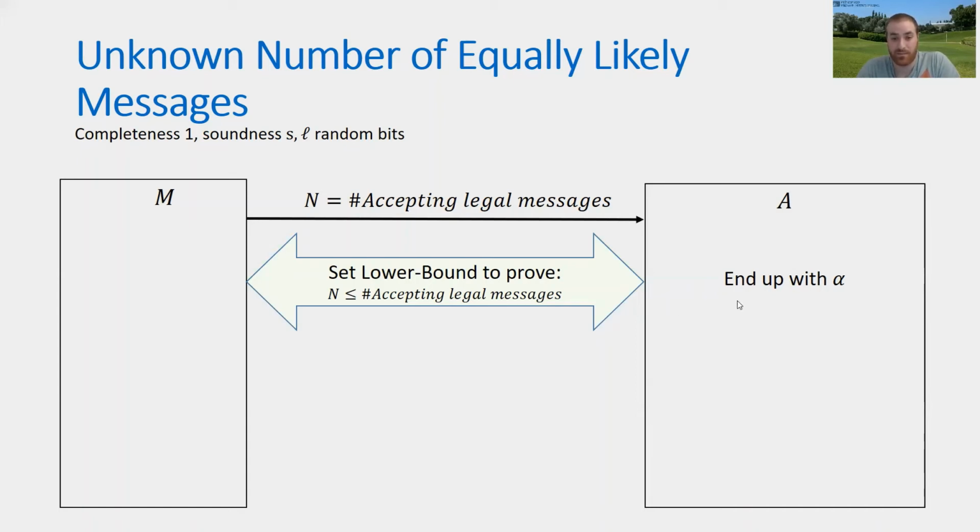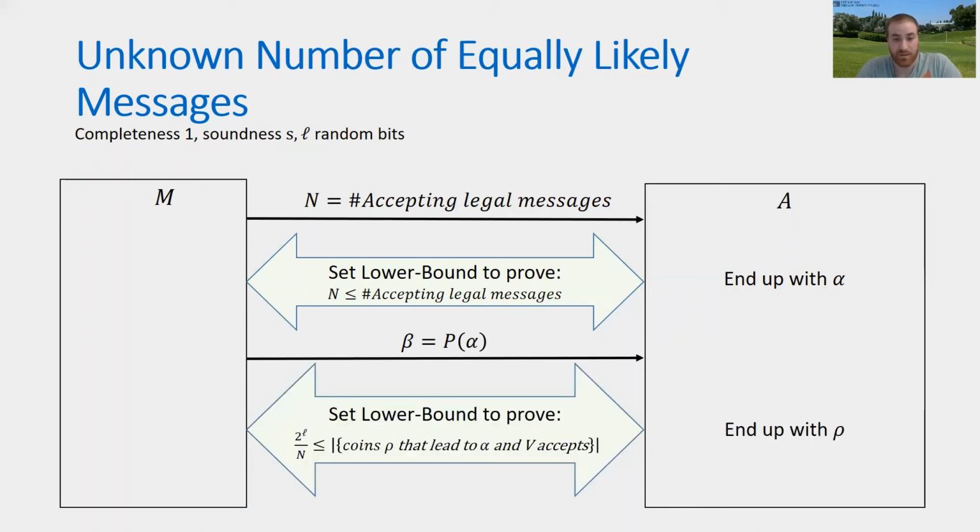So we get some alpha, a message that is claimed to be legal and claimed to be accepting. Remember, legal means that there's some randomness that explains it. So now the prover will send its own message in order to show that alpha is an accepting message.